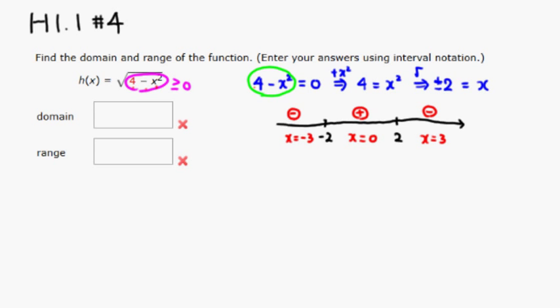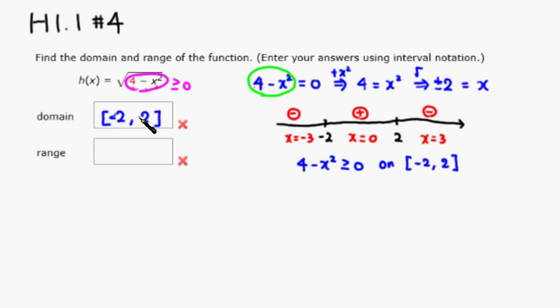Therefore, we know that 4 minus x squared is greater than or equal to 0 on the interval from negative 2 to positive 2. So that's the domain. The domain is going to be a square bracket, because we include negative 2 and positive 2.